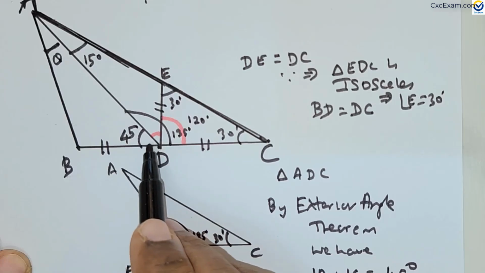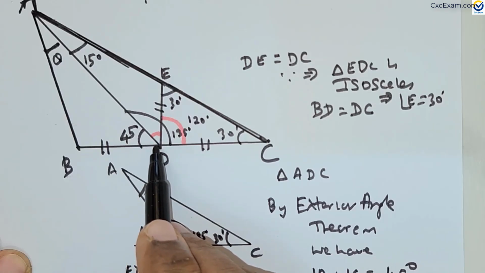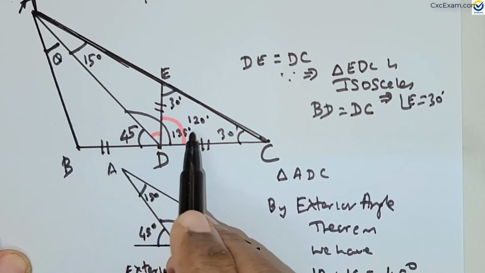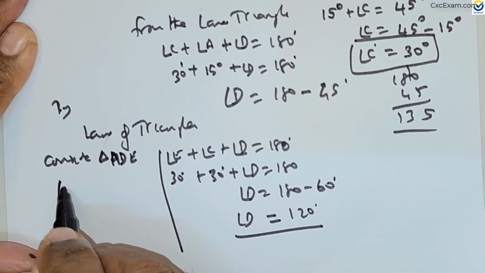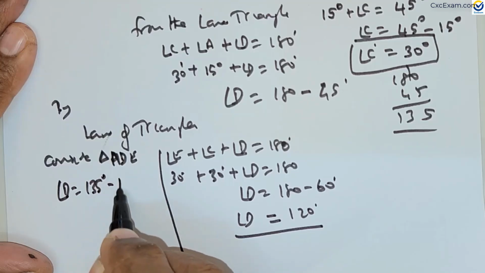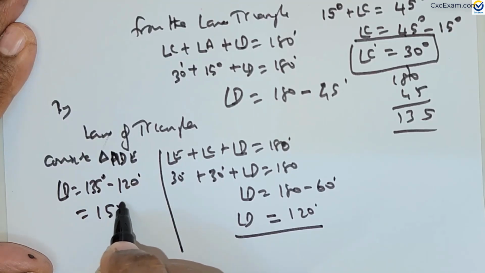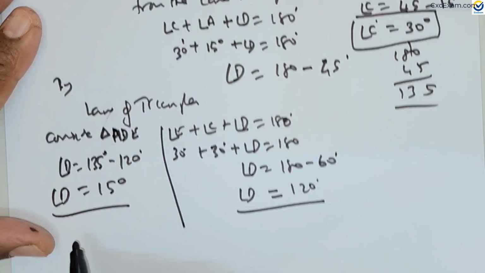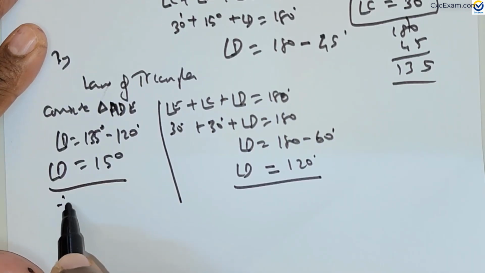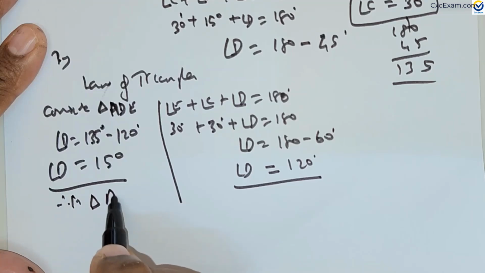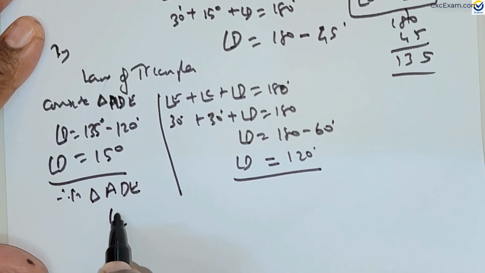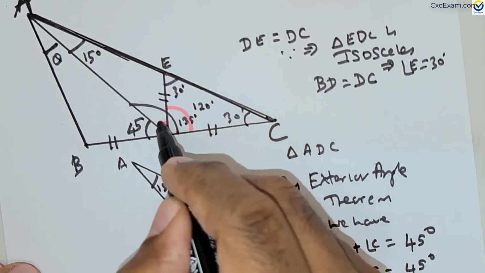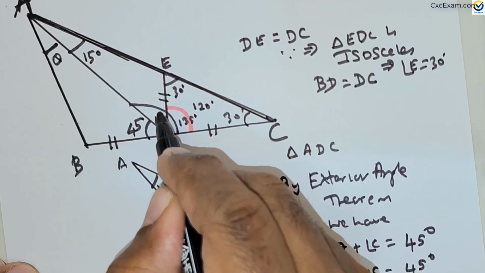To get the angle at this point D, from 135 you take away 120, you get 15 degrees. Therefore, in triangle ADE, angle D is 15 degrees. So go and place this 15 degrees.